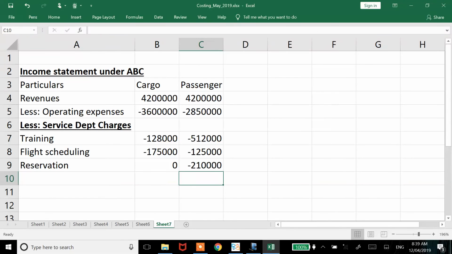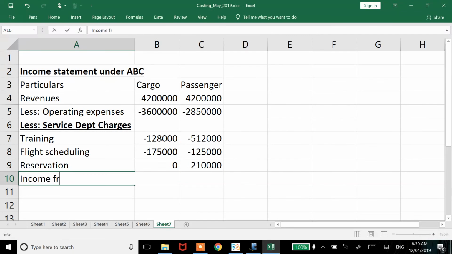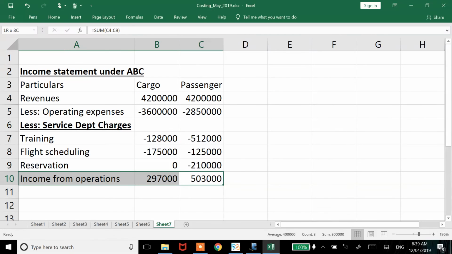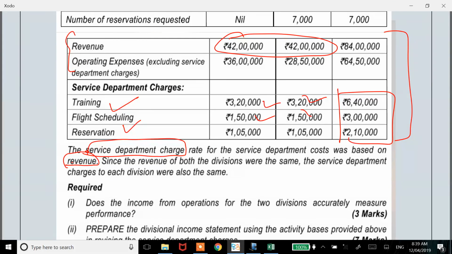There is no need for reservation request in cargo. That's what the question says. And you get the profit. I'll call it income from operations: 2,97,000 and 5,03,000. If I have to do a comparison, I can just subtract these and get a number.